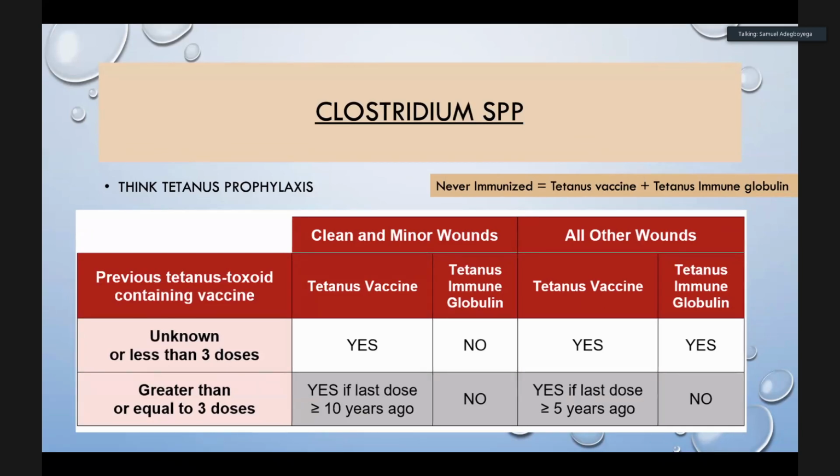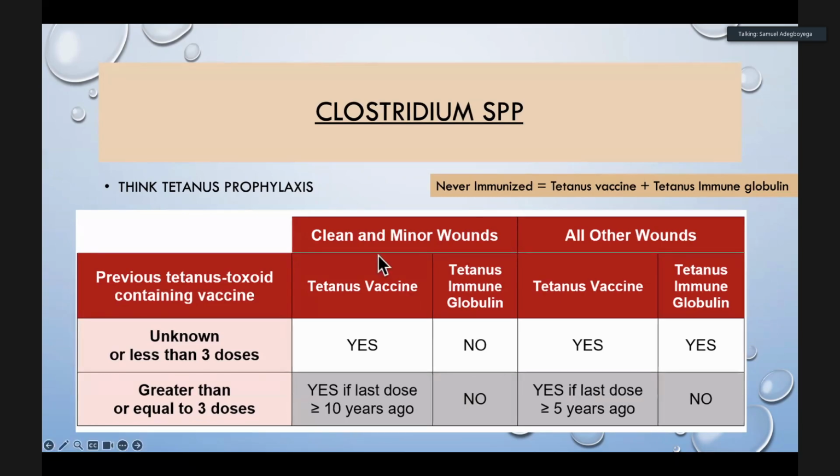If they're not fully immunized and they have a very dirty wound, then you have to give them immunoglobulin. For tetanus, you give the vaccine and also the immunoglobulin combined together. But it's very important that you know the only time you give immunoglobulin is if they do not know their status at all, they've never been fully vaccinated, they haven't received all 3 doses, and they have a really bad infection.